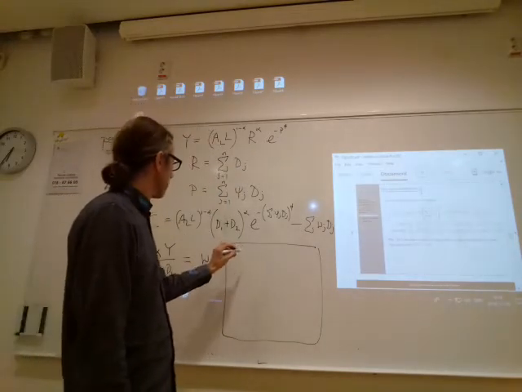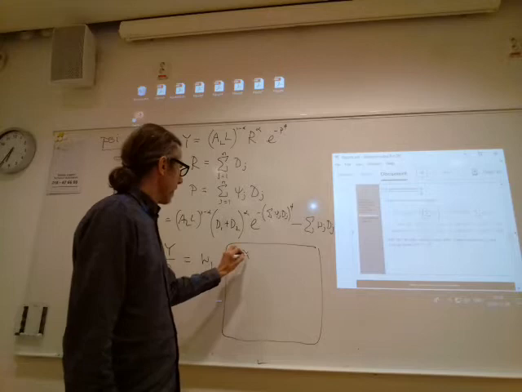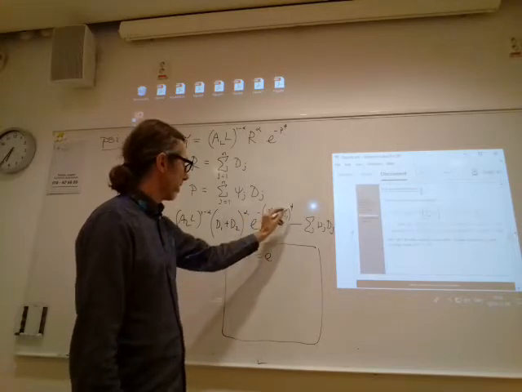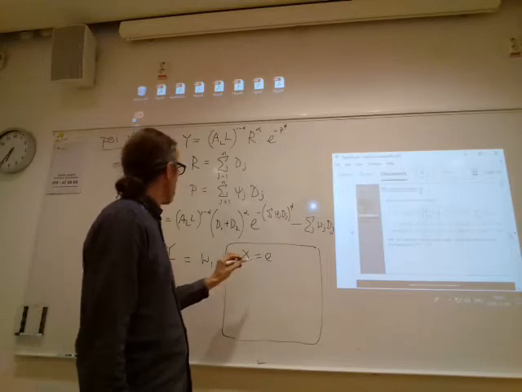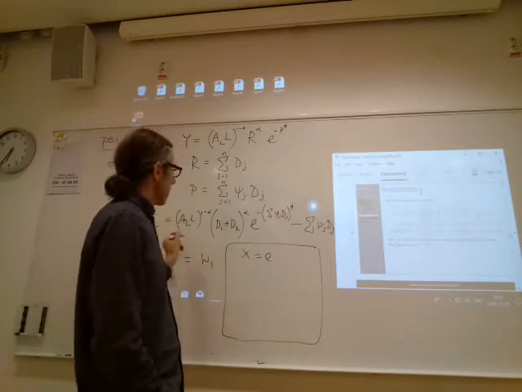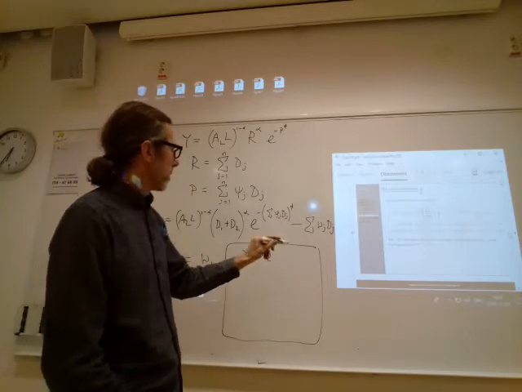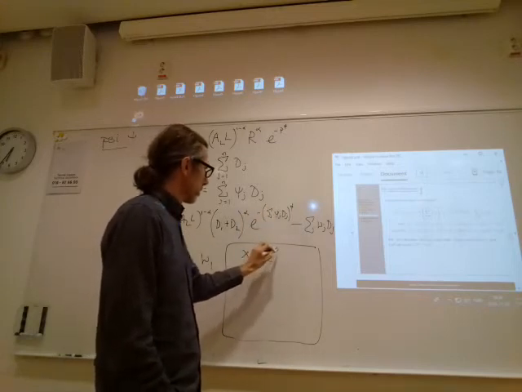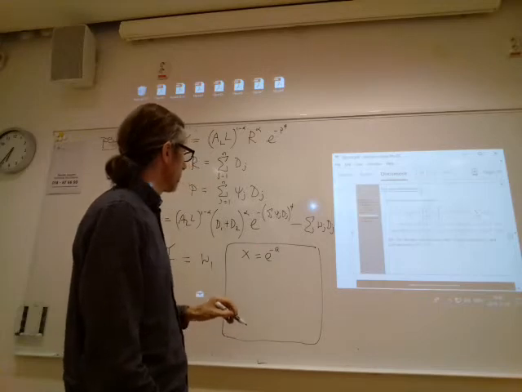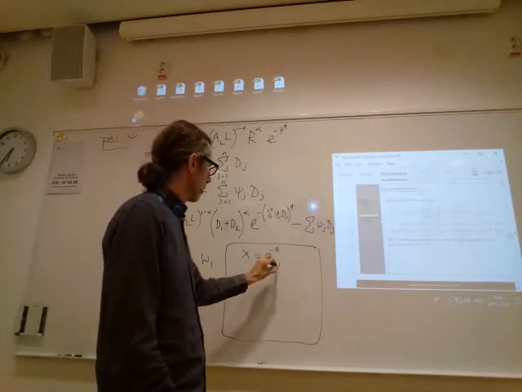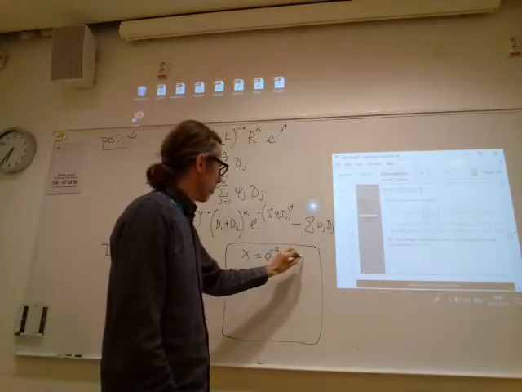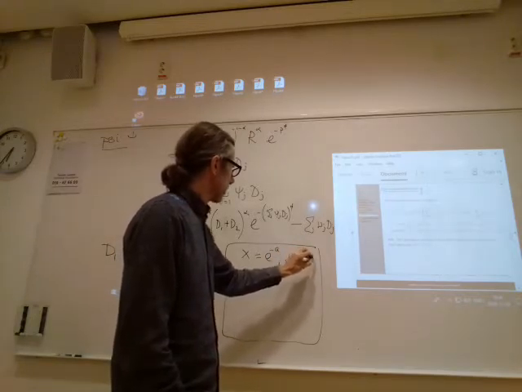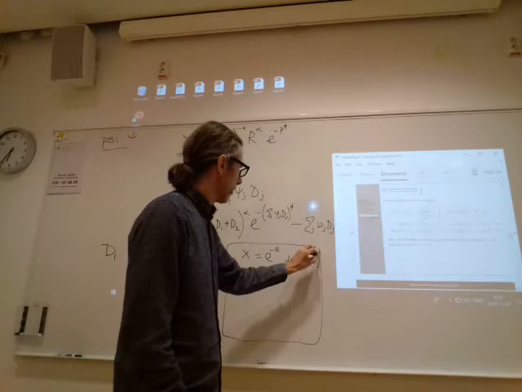Let's just say x is e to the minus this lot. I'm just making up this x terminology here. But then let's call this lot q. So let's say x is e to the minus q, where q is that sum to the phi.